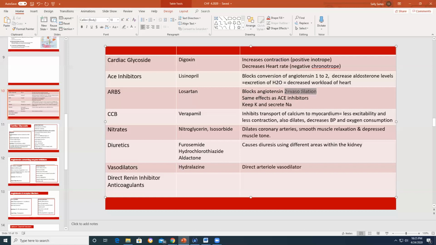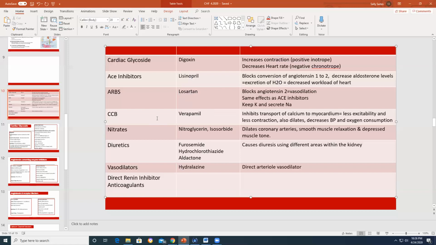It's just blocking in different areas. Plus, it has a vasodilation effect, and it keeps the potassium and secretes the sodium. Also, sorry, our ARBs also end in -sartan, so it's nice to remember. Our calcium channel blockers, though, do not have any similarity in their names.